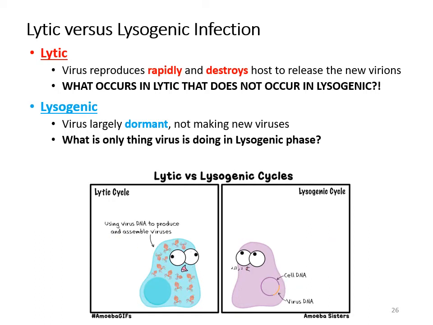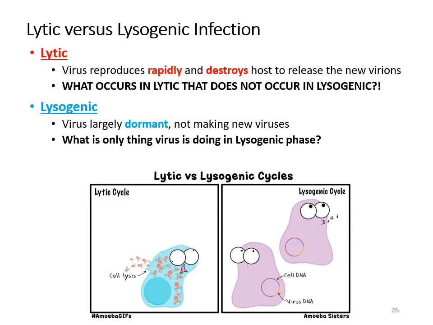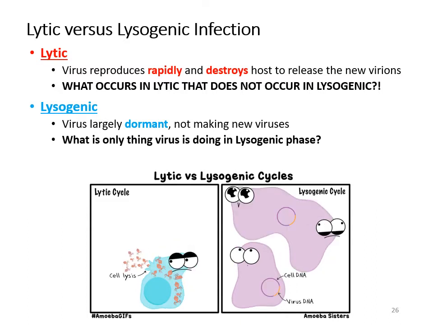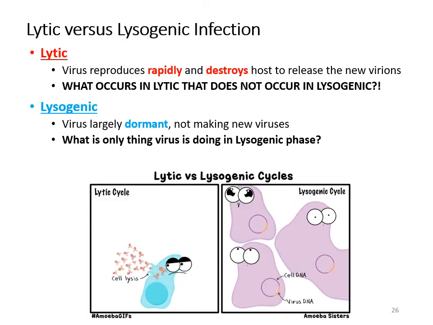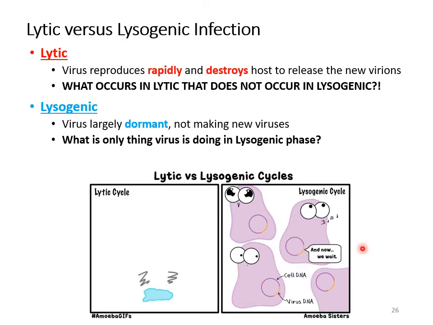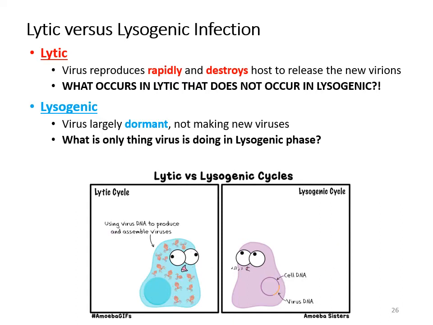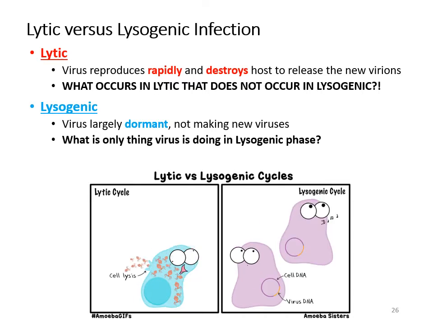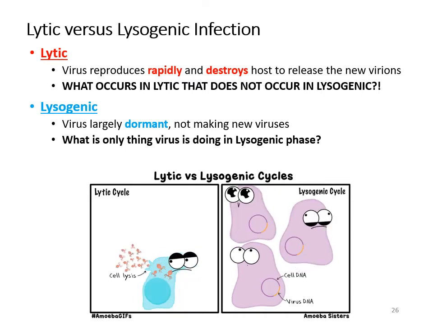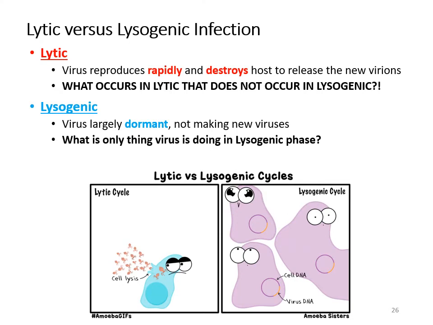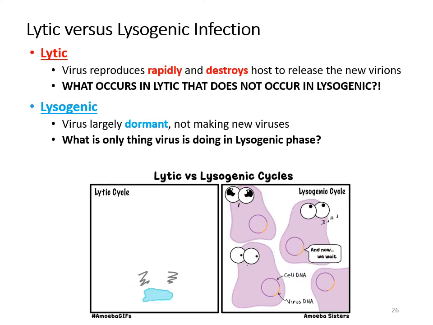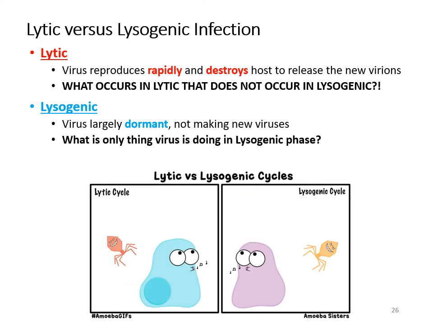Whereas in the lysogenic, when I ask what is the only thing the virus is doing, it's only replicating its genome, which you see in this figure here. It is dormant. You can't tell it's there because it is not producing proteins, not making new viruses. And viruses switch back and forth between lytic and lysogenic frequently.